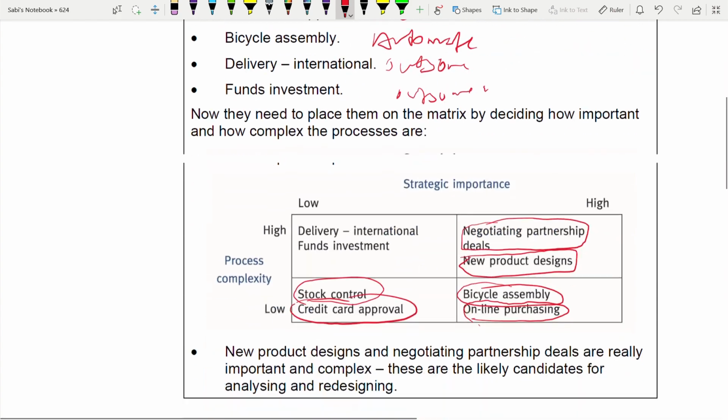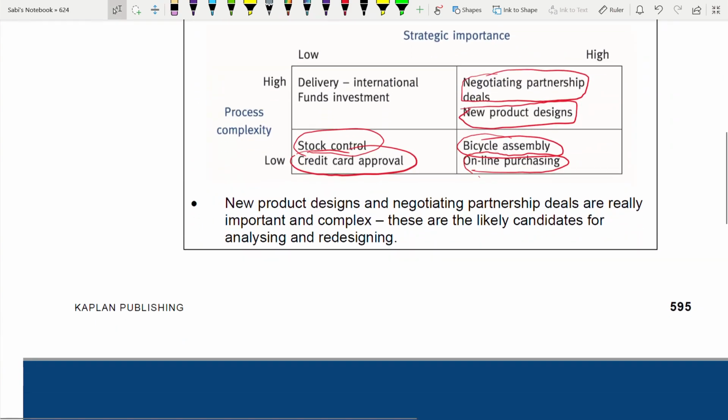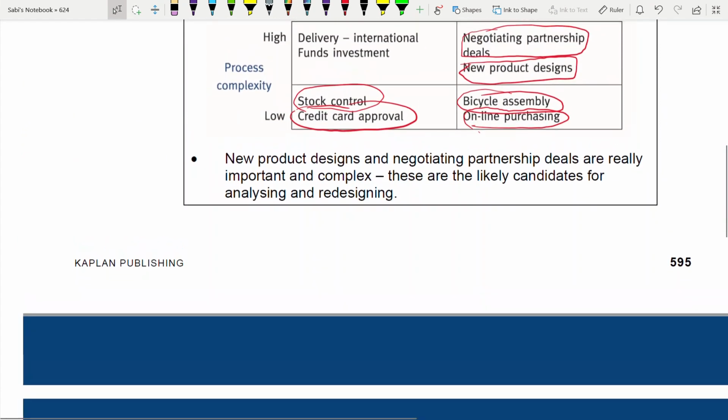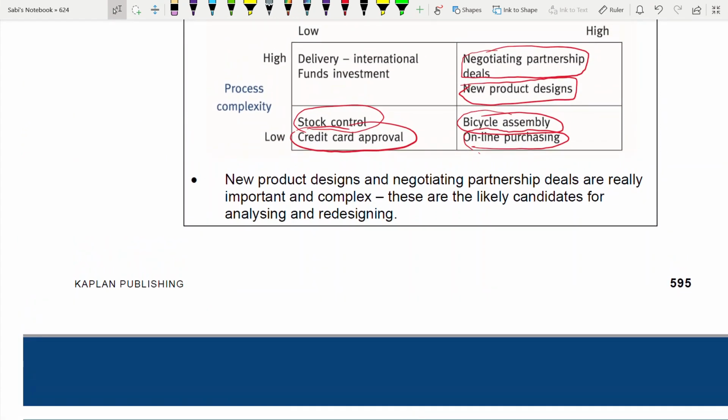Now, explanation is also given here. If you want, you can go through the explanation. Okay, maybe quickly I can go through. Basically, what they have put in the box, only they're explaining that new product designed and negotiating partnerships are important and complex. That's why these are likely candidates for analyzing and redesigning.